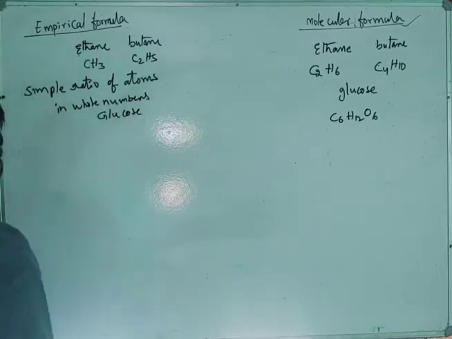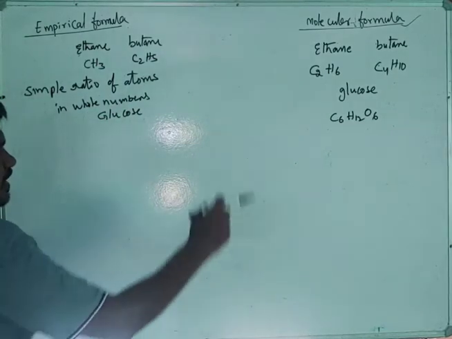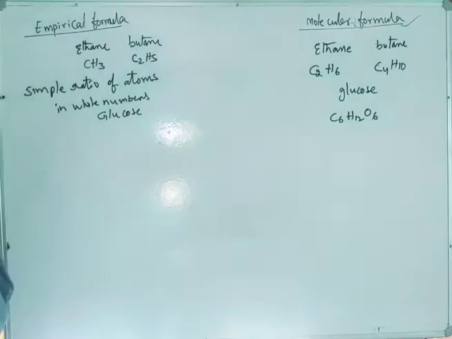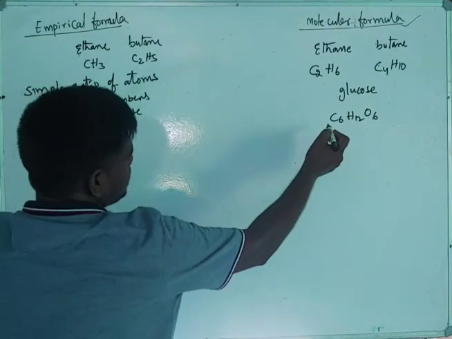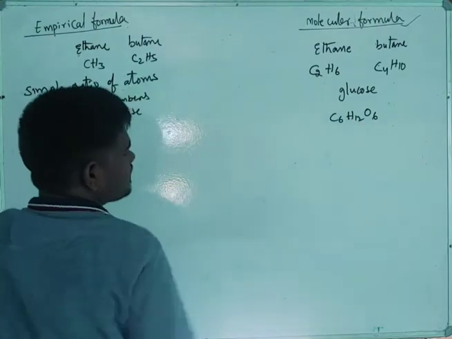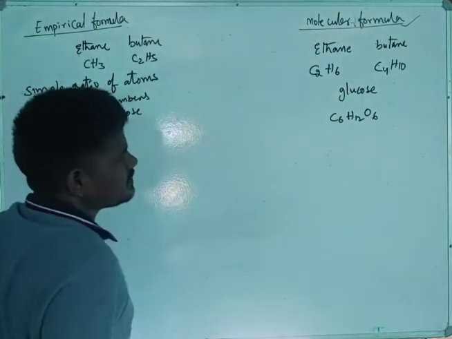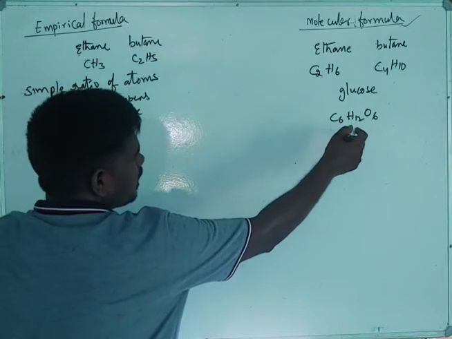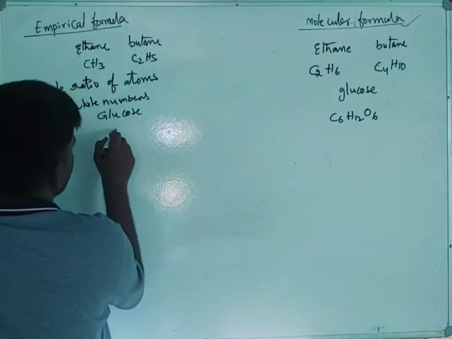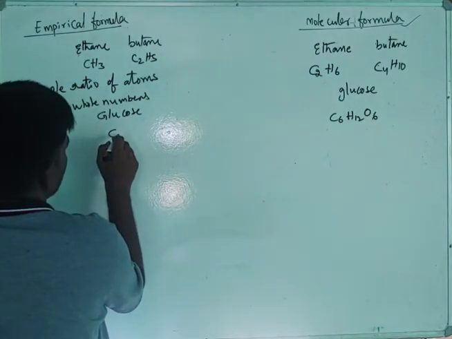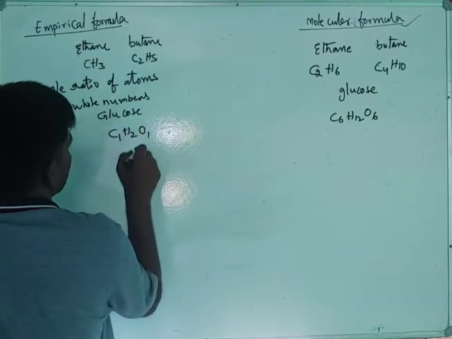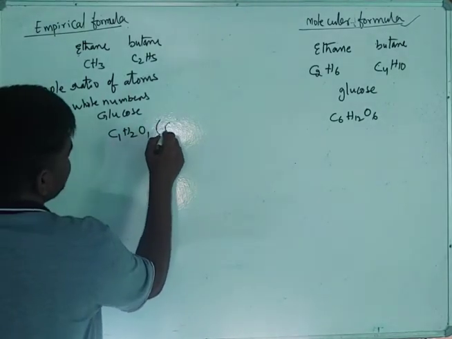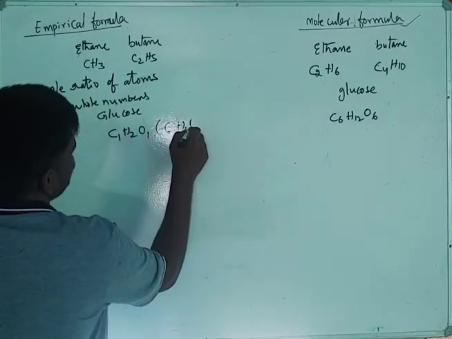Glucose empirical formula we can get by taking the simple ratio of the atoms in whole numbers. So you see here 6 carbons, 12 hydrogens and 6 oxygens. Now here the common factor is 6. 6 times, 2 times and 1 time. So we can get the empirical formula as C1H2O1, or you can write it like this also, CH2O.